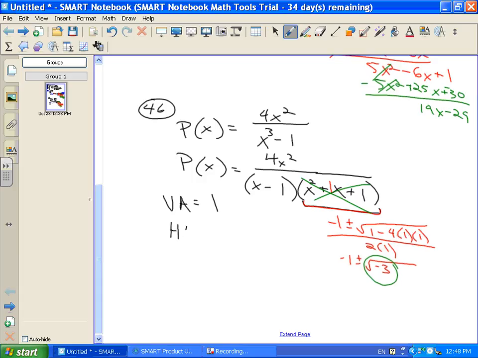All right, horizontal asymptote. I have a higher power in the bottom than the top. What's that mean? That's one of the easy ones. That's category 1. So where will my horizontal asymptote always be when my higher power is in the bottom than the top? Get your notes.